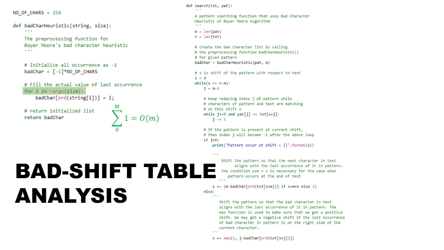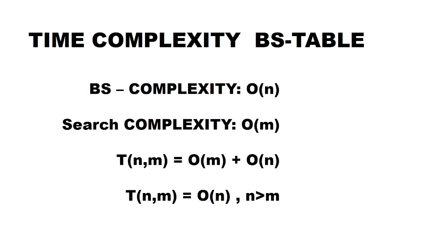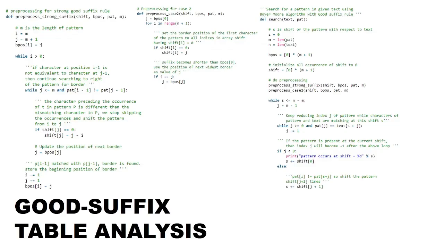In the search, it has another for loop, and the basic operation is the addition, which gives a time complexity of big O n. And when calculating the time complexity, we take the worst case for the bad shift table and sum it up with the search complexity, finding which one is the maximum, which gives the time complexity of big O n, where n is greater than m.